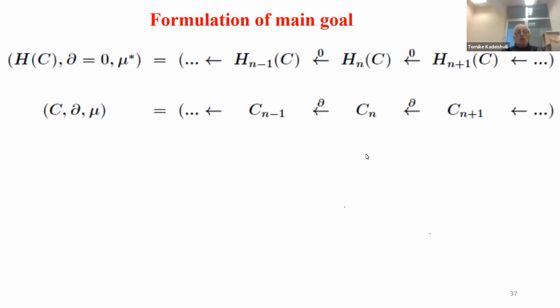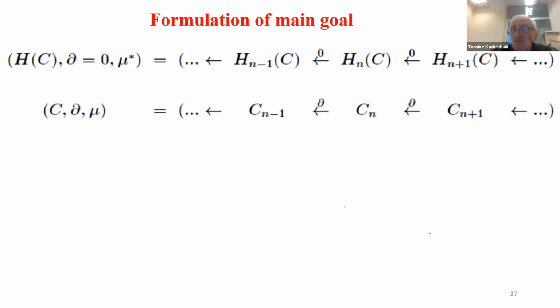Oh my God, how wonderful it is. C is terribly big, especially, for example, if it is a singular chain complex or whatever. But H is very, very small, and it is the dream of all topologists to replace these terribly complicated C's by easy H's.